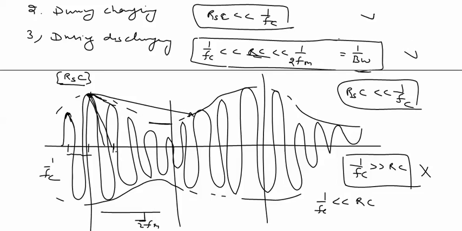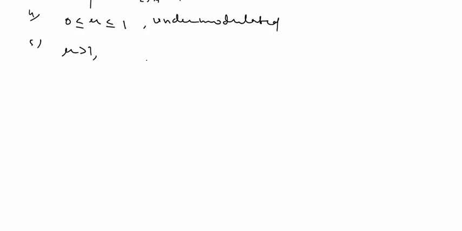Two more conditions. Condition number four: the envelope detector works for undermodulated waveforms only. And fifth, not for overmodulated.